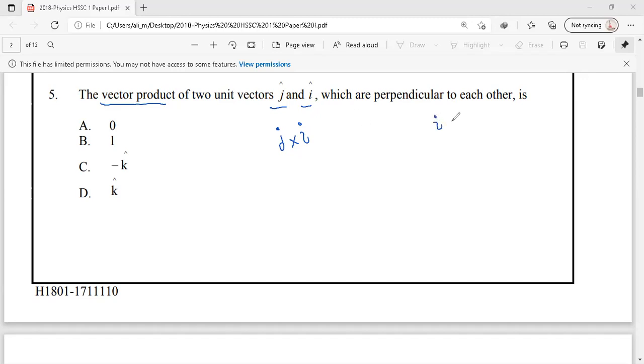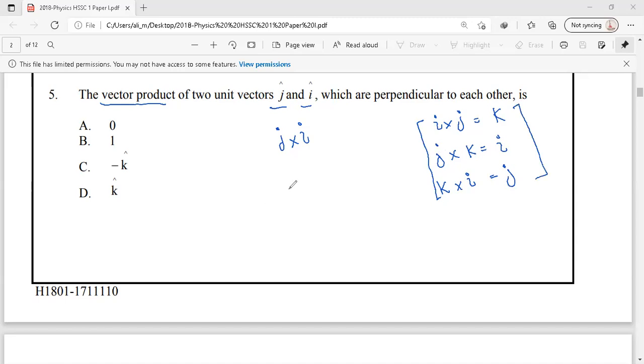We know that i cross j is equal to k. Similarly, j cross k is equal to i, and k cross i is equal to j. So for the vice versa of these vector products, we will get the negative of these vectors.